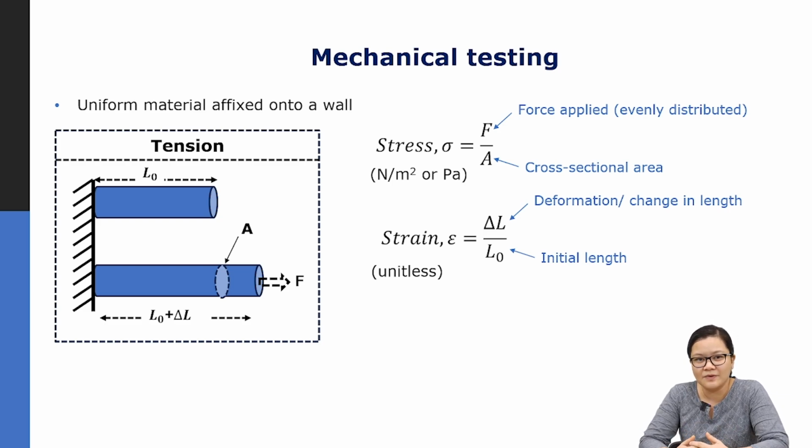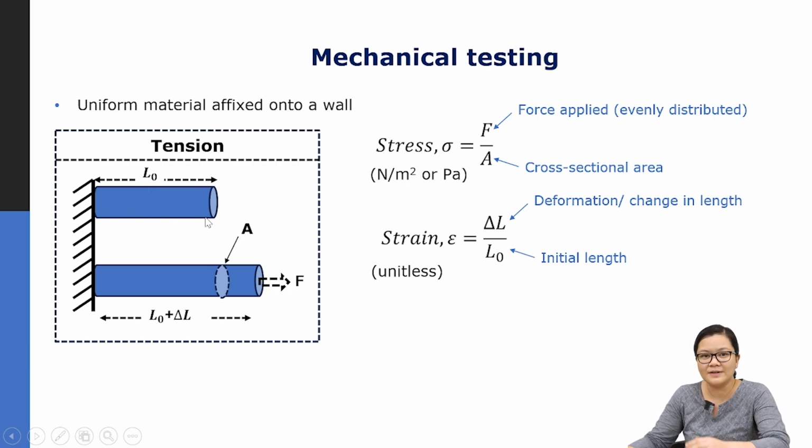Let me give you an overview of the different mechanical testing techniques that are being used currently. Here's an example of a tensile testing experiment, where let's say you have your uniform material that is represented by this cylinder. It's a very simplistic example of the tissue, but one can do this type of experiment.